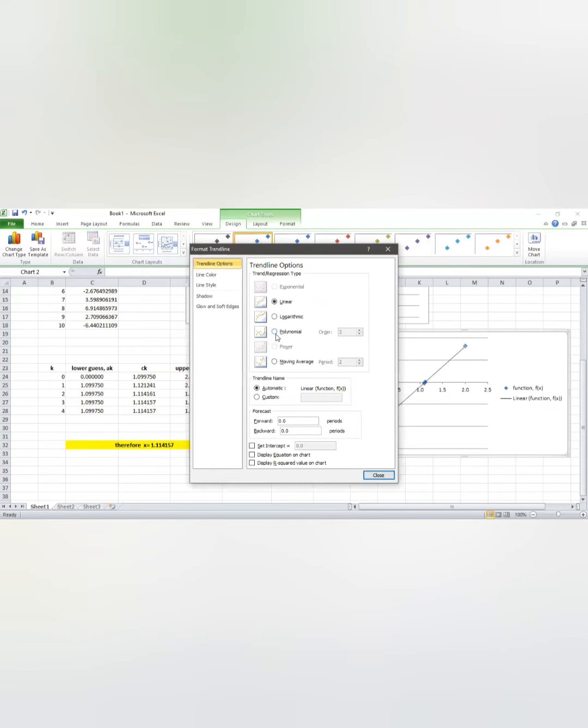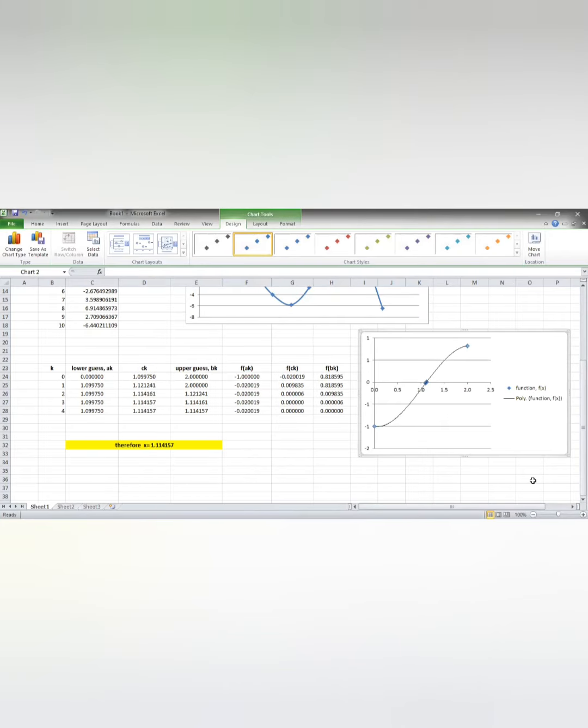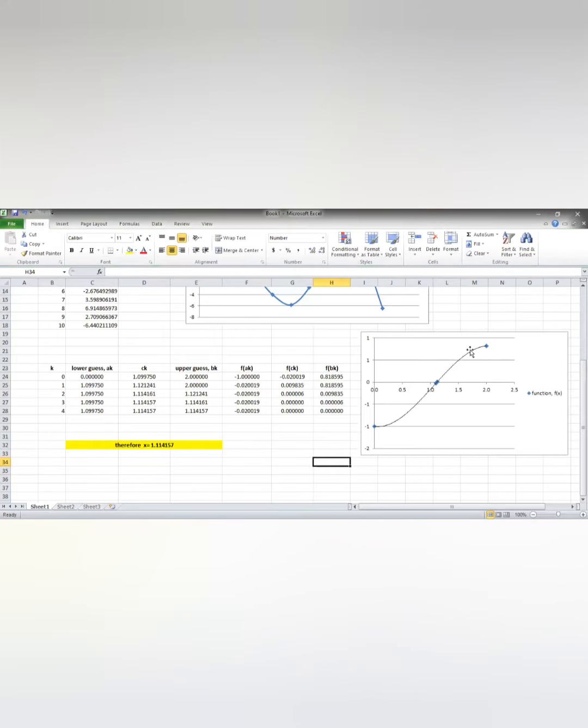I will try to find the best fit of my function. So I guess 30 degrees is okay. Okay, so between 0 and 2, this is now the location of the root.